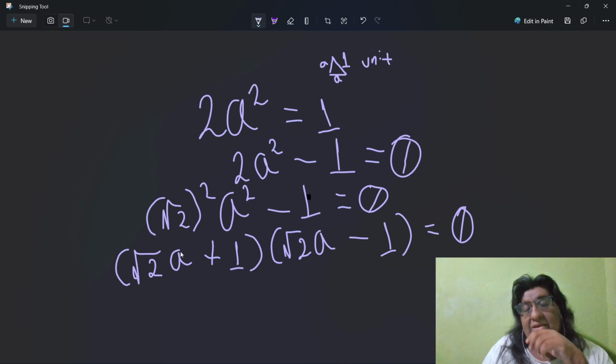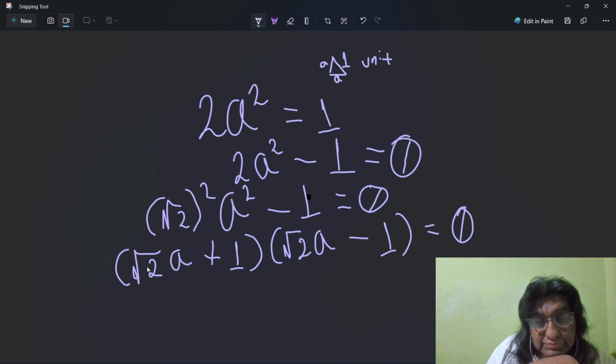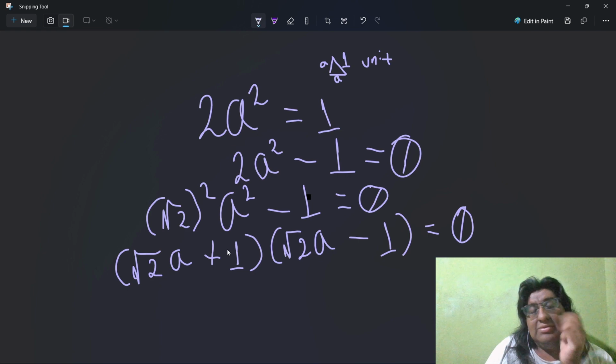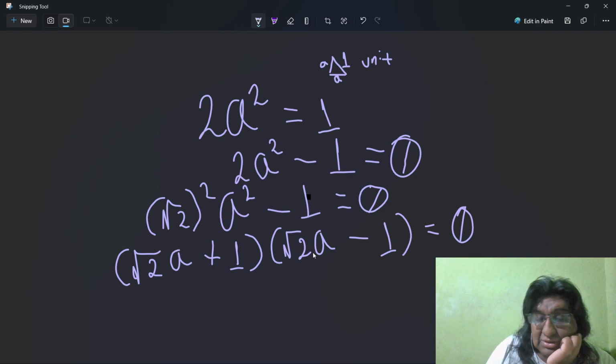If you do the math over here, this will be a squared, and this will cancel out, minus 1. So this is the solution for this equation over here.